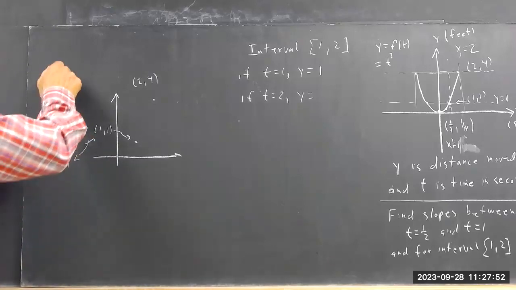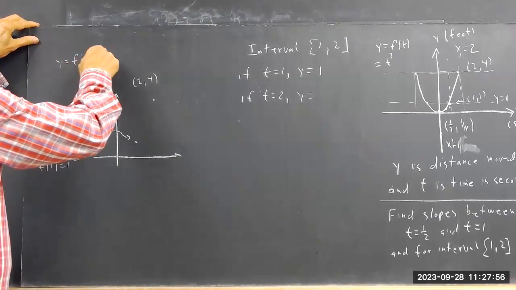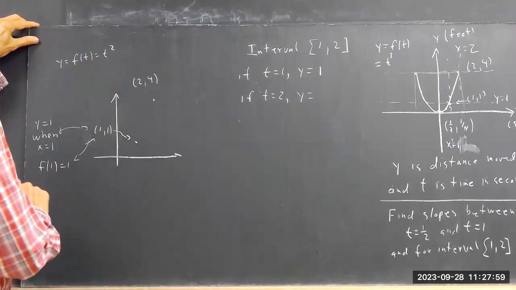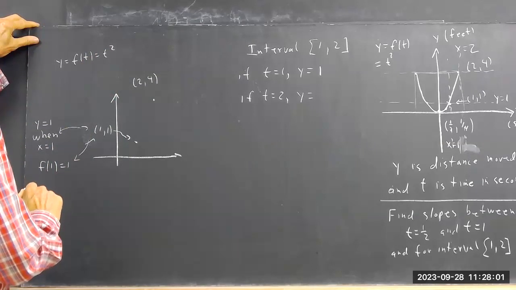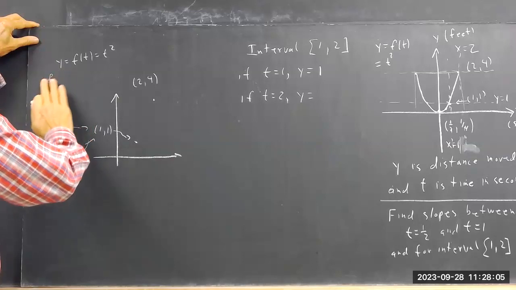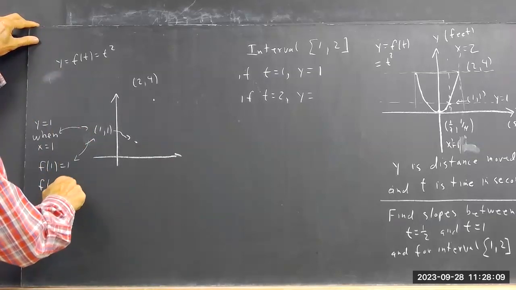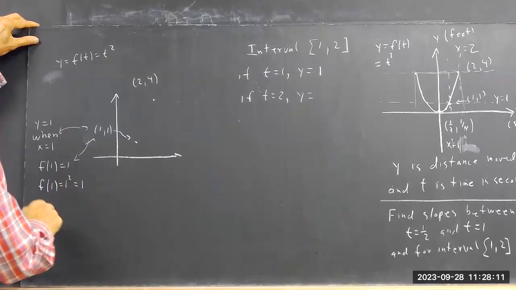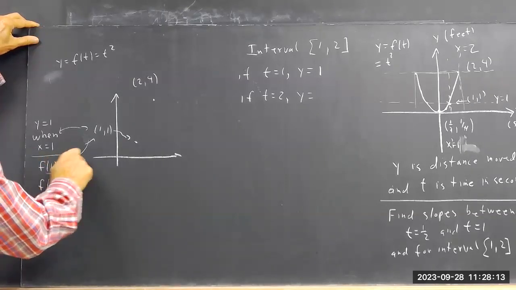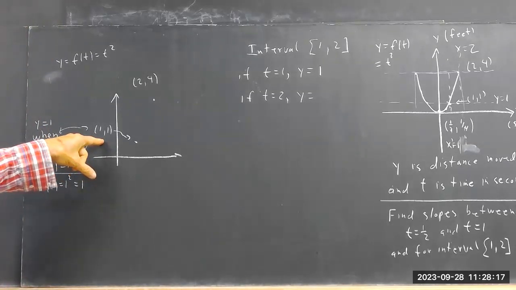And if these are points in the graph of y equals f of t equals t squared, this tells us that, of course, f of 1 equals 1 squared, which is 1. We have all this information from the point that this is the point 1, 1.